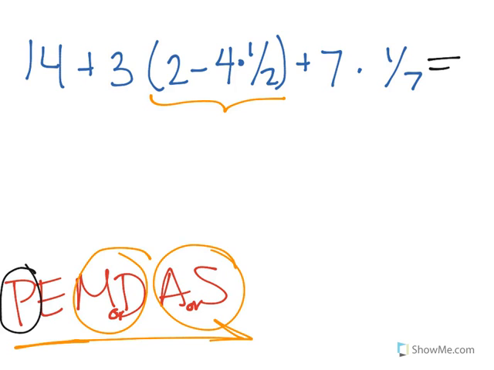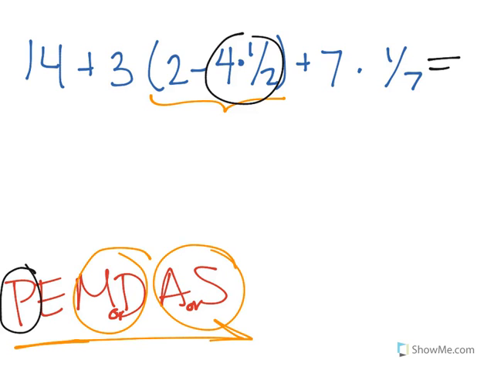We do see one parenthesis here, and so we must use the substitution property to, instead of having this parenthesis, substitute it with the value that it represents. However, we must first calculate whatever is inside the parentheses, and it's not just 2 minus 4.